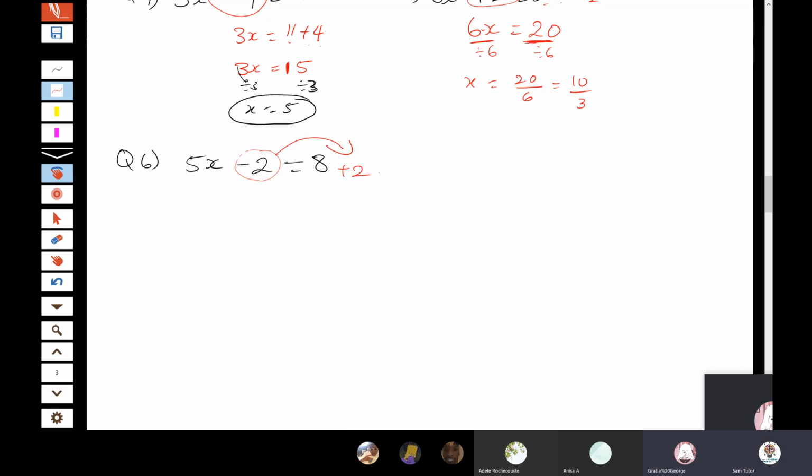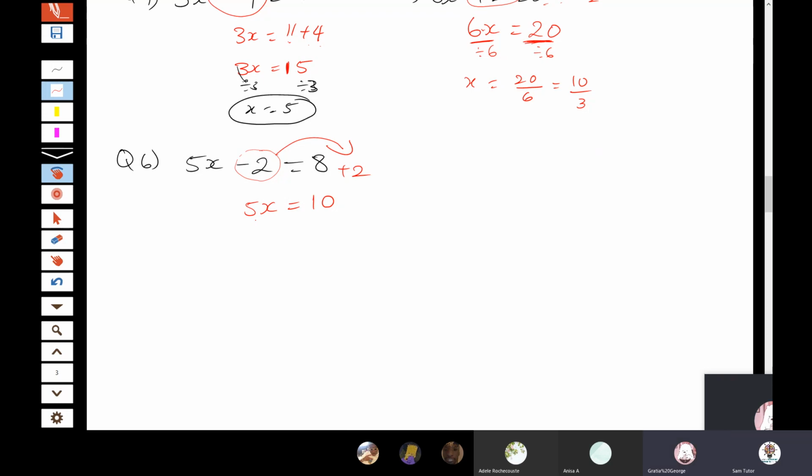Yes, you are correct. So plus it to the 8, which means you're left with 5x equals 10. It's very important that you write it like this. It has to be 5x, so the left, then the middle, which will always be equals, and then 8 plus 2, which is 10.